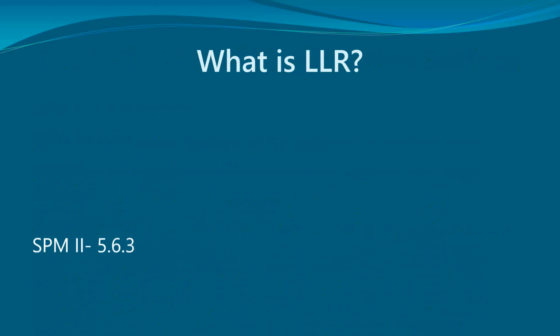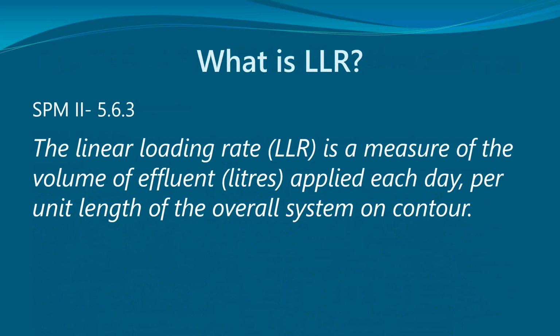Let's move on. Linear loading rate. Linear loading rate is the volume of effluent applied per unit length of the overall system on the contour. So it's liters per meter, not liters per meter squared.